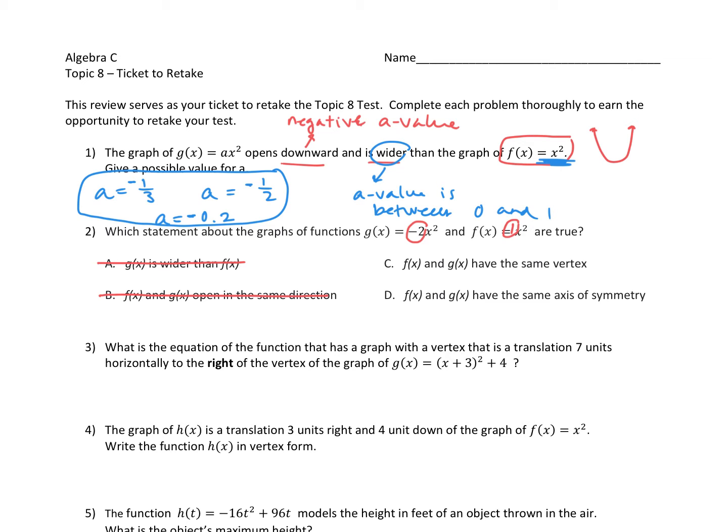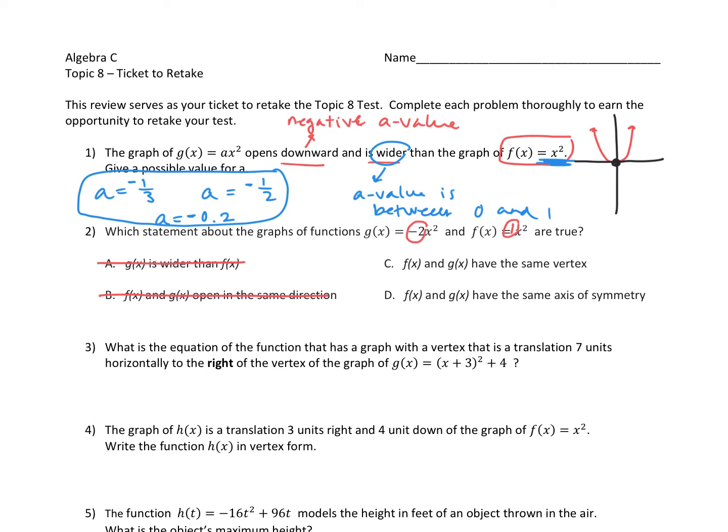All right, option C, they both have the same vertex. So the vertex of our parent function, I just sketched out the parent function up above, is at the origin. The only time that changes is if we use addition or subtraction. If we add in numbers, that's going to shift your graph left or right.